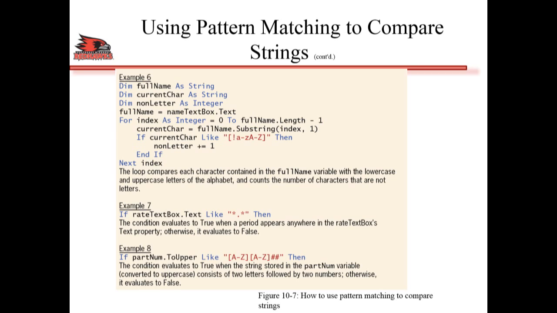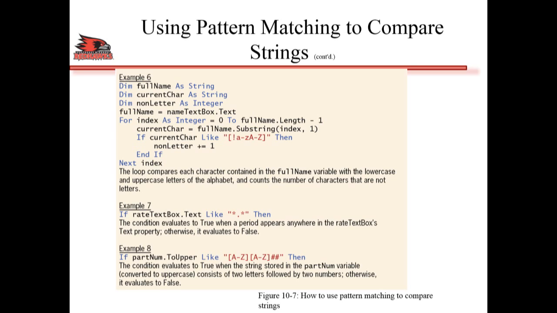And then in the for loop, we look at every single character. We use the substring method, where it starts from the current index, and that's why it's index comma 1. The 1 here is the number of characters we want to extract.